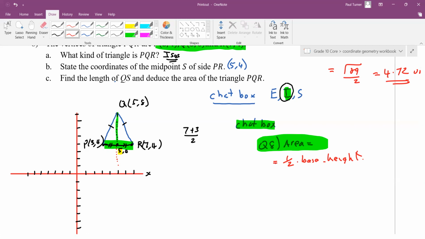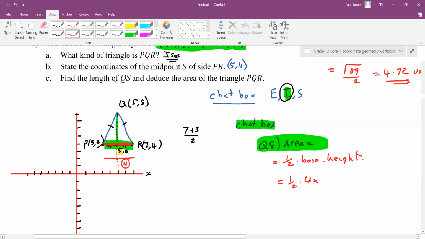Any answer for the area? It's not that hard, is it? Half. What's the base? This is your base here. Quickly calculate. So the base is that length there. This is from 7 to 3. So this base length is obviously 4, isn't it? 7 minus 3 is 4. So put your answer in real quick.